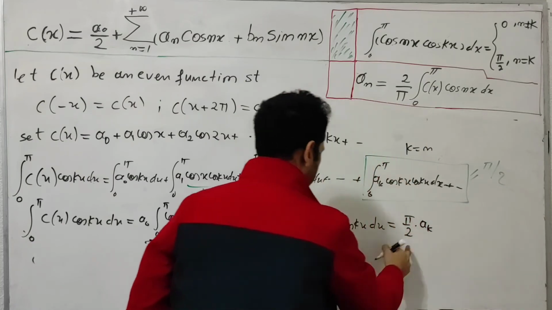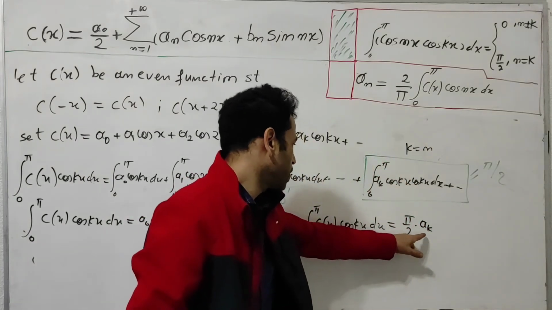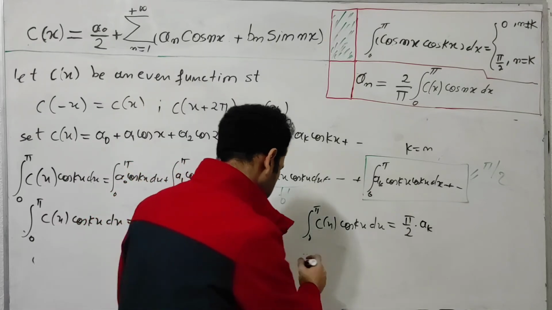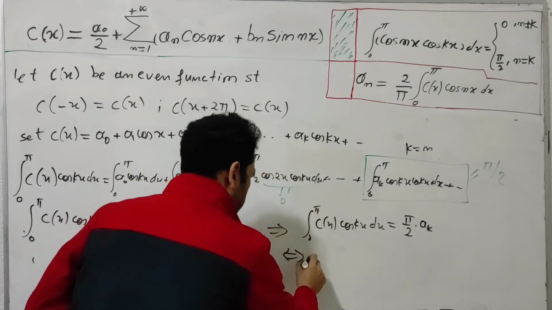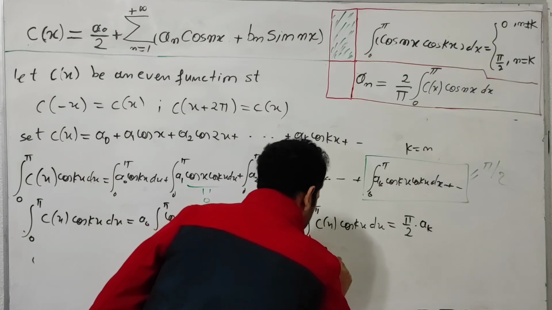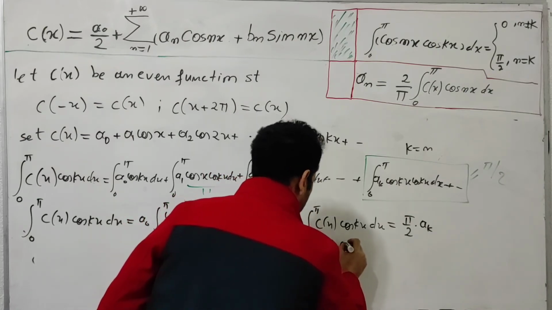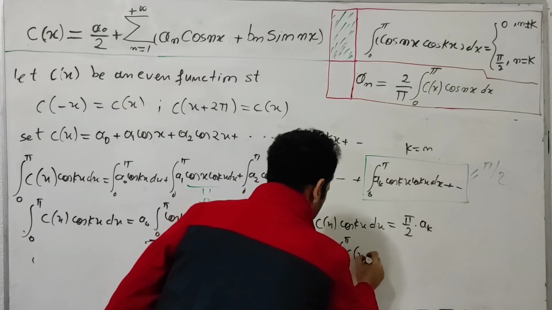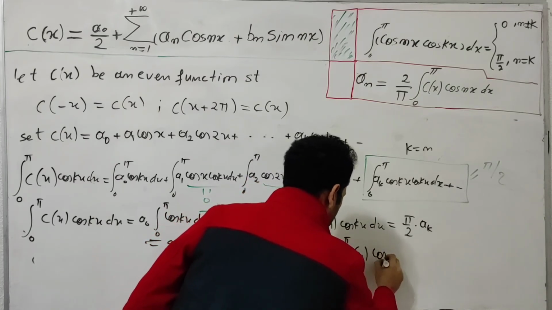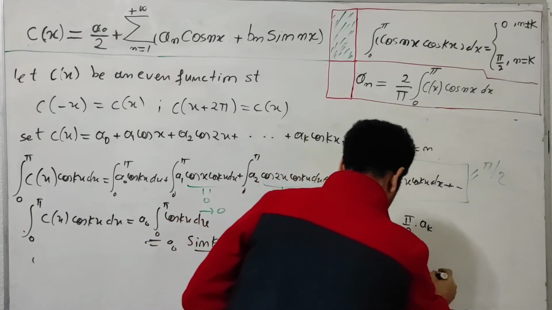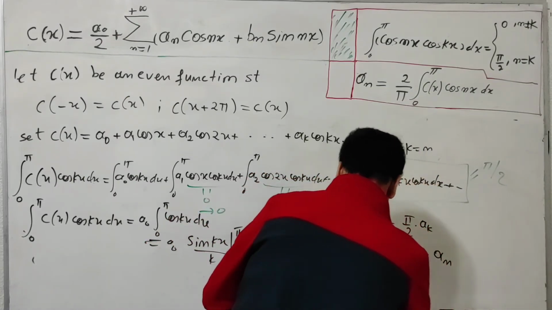By replacing k with n and dividing both sides by pi over 2, equivalently I will have 2 over pi multiplied by the integral from 0 to pi of c of x cosine nx dx equal to a sub n.